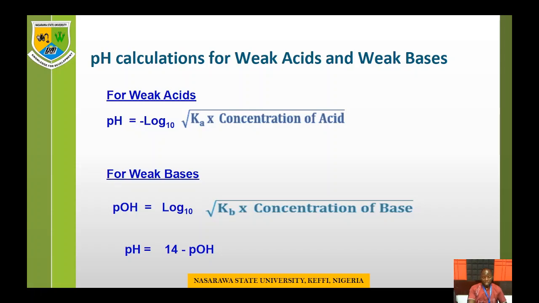Ka stands for the equilibrium constant of the acid. Then for weak bases, pOH equals the negative log to base 10 of the square root of Kb times the concentration of the base. Again, Kb is the equilibrium constant of the base. So pH is going to be equal to 14 minus pOH.